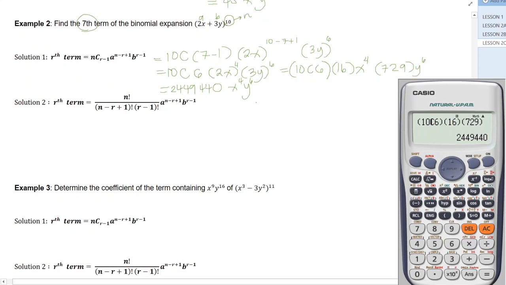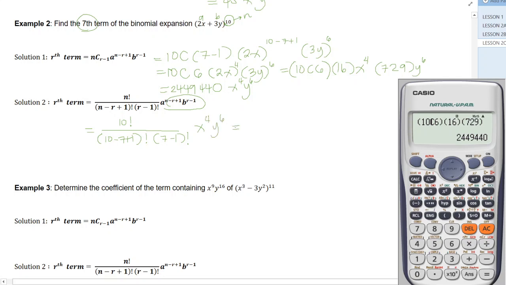Okay, so if we are going to use your second solution, let us just do that one. That is 10 factorial divided by your n, which is 10 minus 7 plus 1 factorial, multiplied by r, which is 7 minus 1 factorial. And then for this one, it's the same with this, that is x raised to 4 y raised to 6.